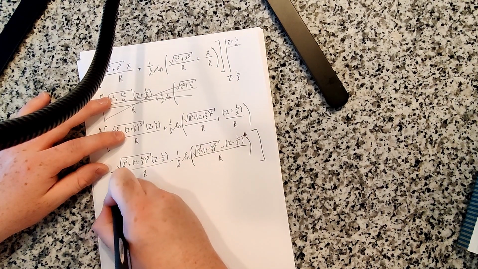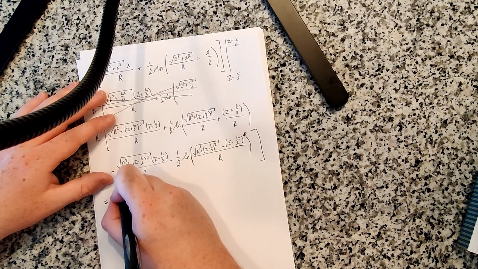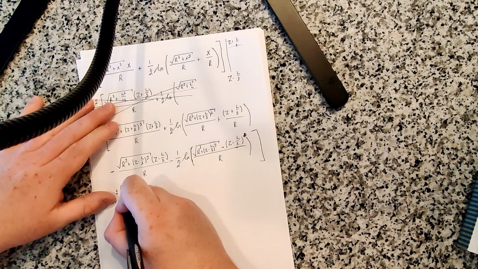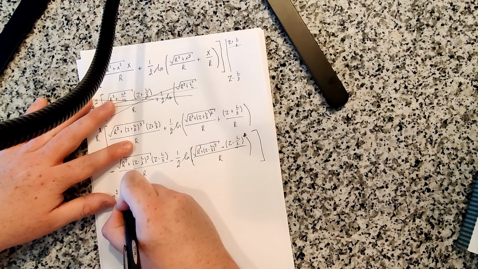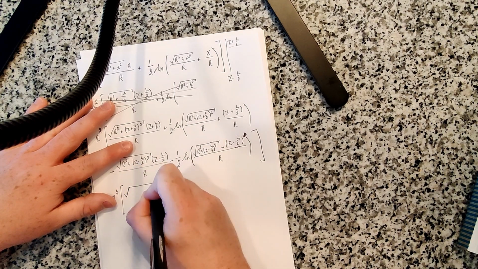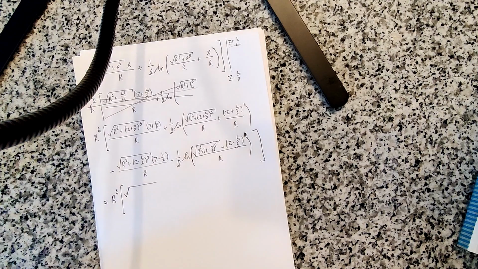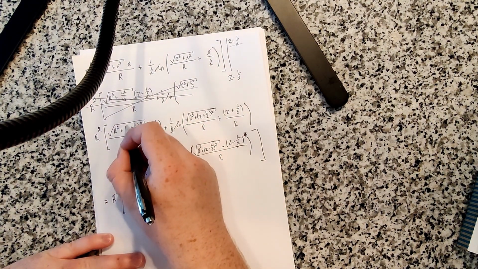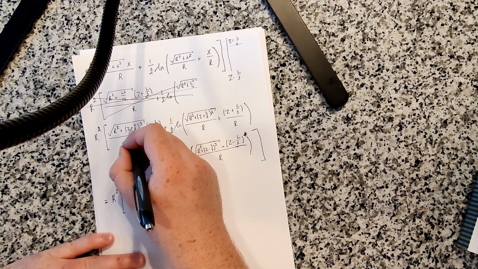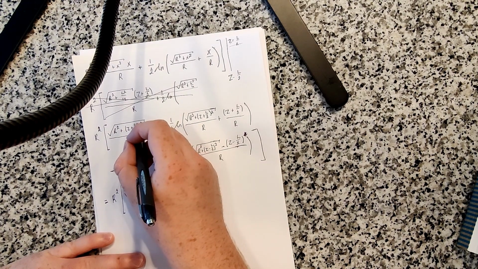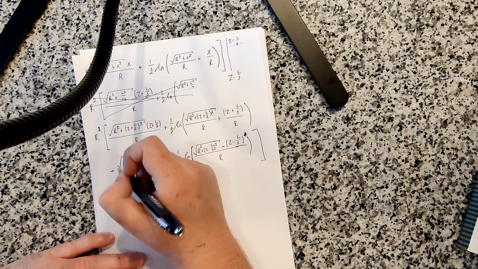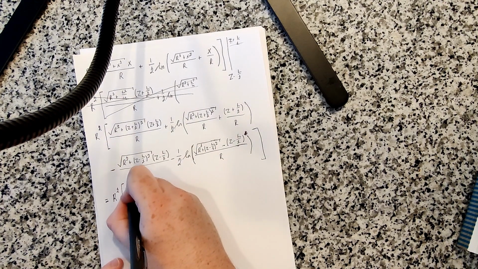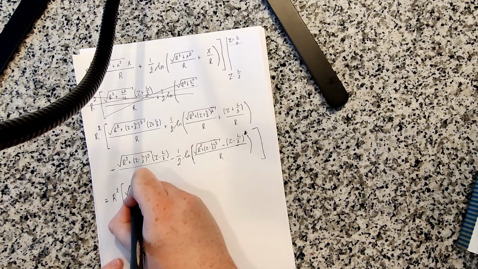So we still have our r squared out here, and we're going to have this first term. I'm not sure if I want to expand stuff in here or not. If I did that, that would be z squared plus 2z(L/2) plus L squared over 4, and then plus r squared, which I'm not really sure does anything.